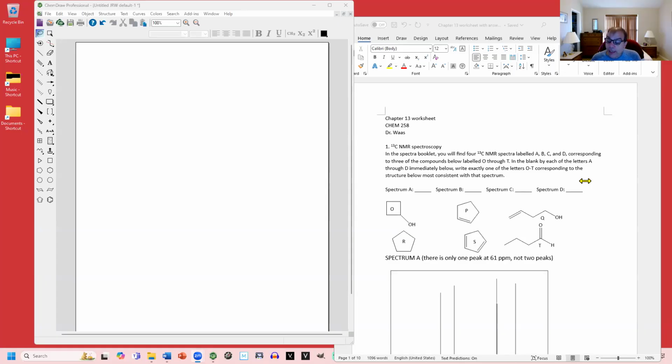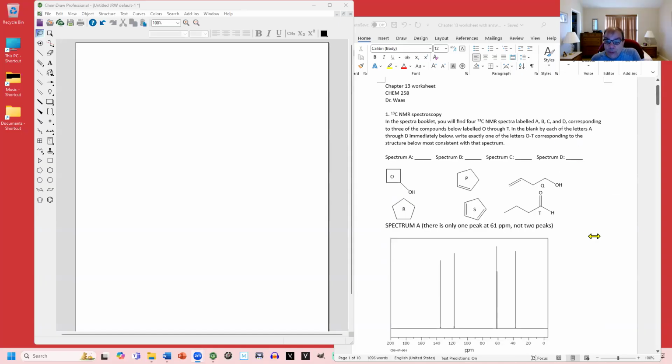This is why carbon NMR spectra and interpreting them are very much simpler than for proton NMR spectra. There's just less going on. There's no spin-spin splitting, and there's no peak integration. So, for example, let's take a look at spectrum A. There are 4 peaks.